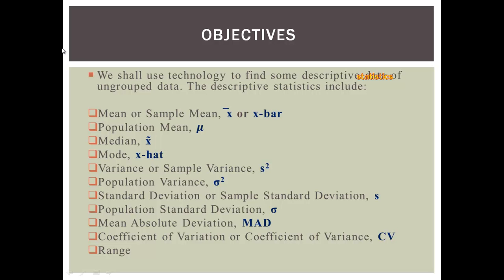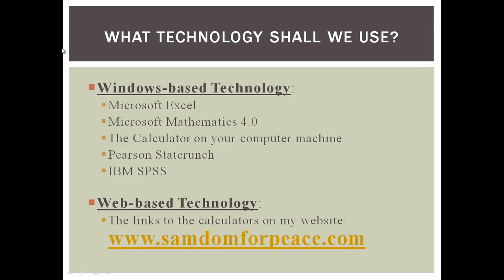Now, the technology that we'll use, we shall see which one finds which. So what technology shall we use? We are going to use a Windows-based technology. I have a Windows machine here, Windows PC.